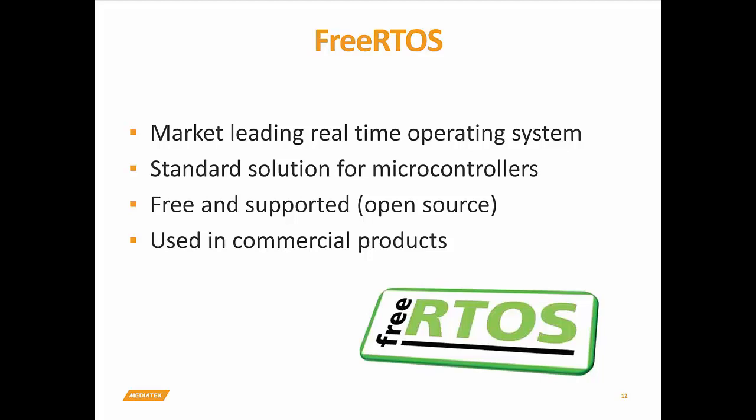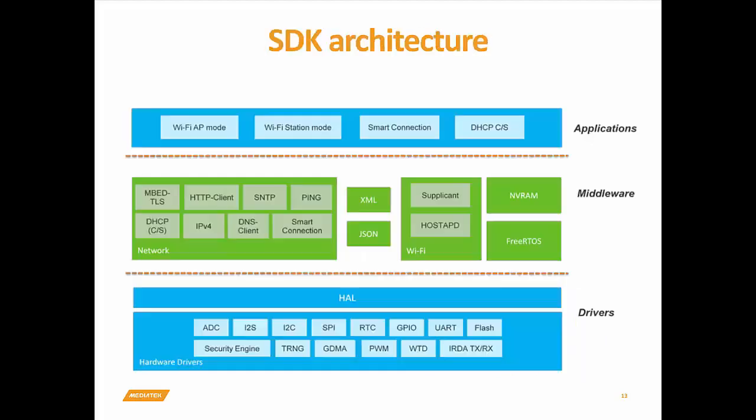Let's have a look at the architecture for the new SDK. At the bottom, we have the drivers for the hardware abstraction layer. So we have analog digital converters, I2S, I2C, SPI, the real-time clock, GPIO, UART, flash. We have a security engine, pulse width modulation, and we also have infrared support, but I will go into that in more detail. Then in the middle it's all about network connectivity.